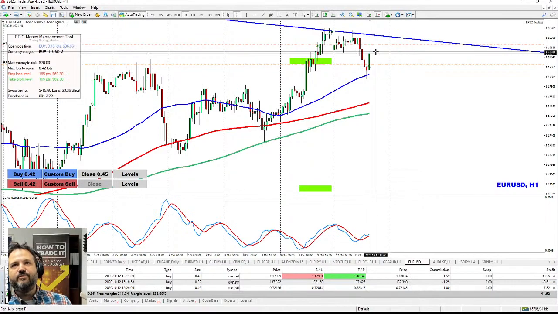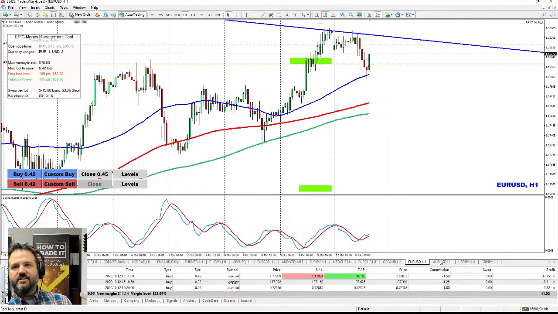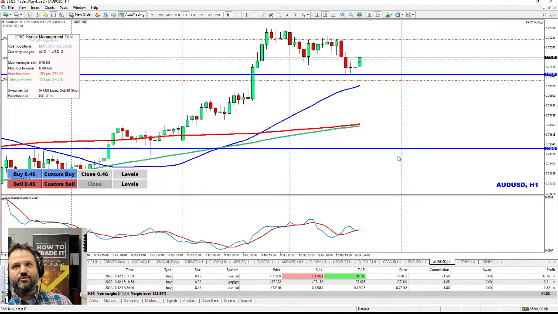It's coming up to it right now. And what's nice is this Australian is looking good too. You notice it closed over these two. There were 3 pin bars here, 1, 2, 3, and then this candle closed above. So both of these are looking pretty good.